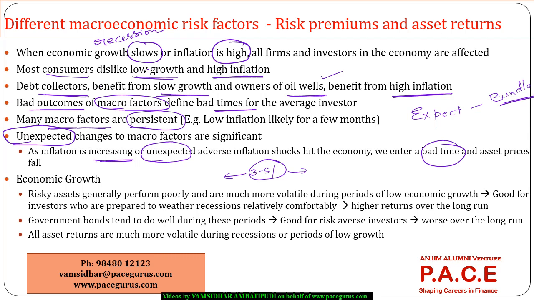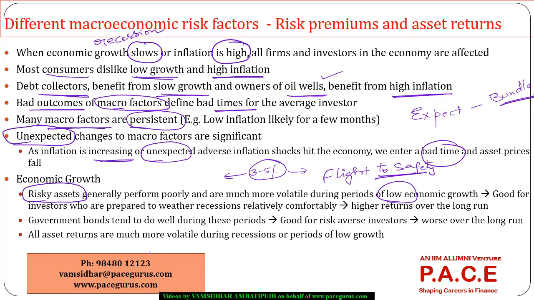Let's look at the perspective of economic growth. So let's talk about a scenario of low economic growth, where the recession is much higher. Now during this period, all the risky assets perform very badly, because investors who are holding risky assets want to sell them off. So there is something called flight to safety. Almost all the investors want to move towards safer investments.